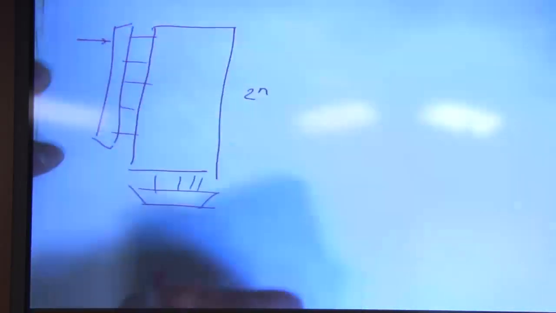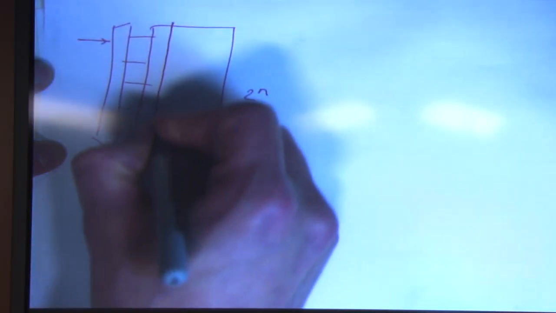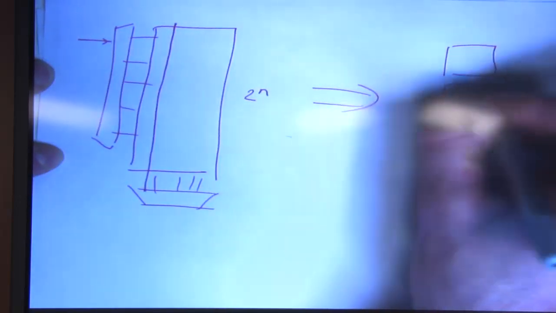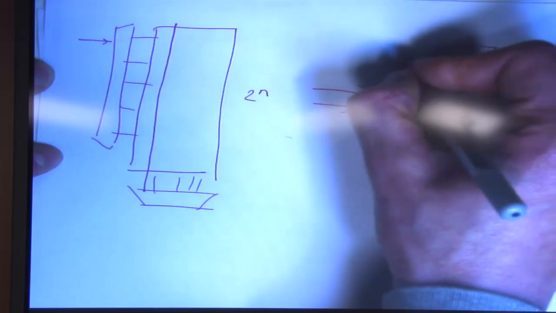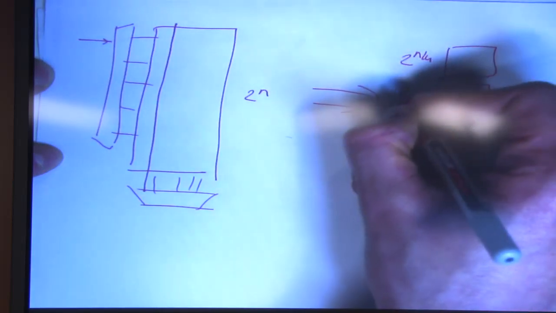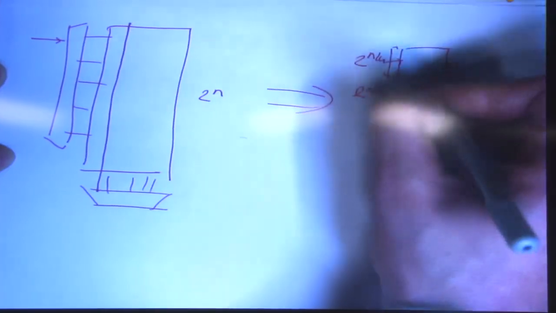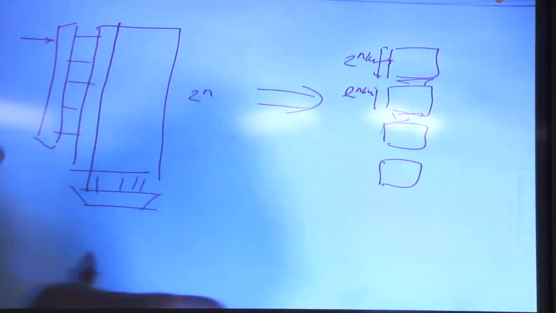If you have a single monolithic array, it takes much longer to access this array because you need to drive these long bit lines. Whereas if you chop it up into smaller pieces, let's say 4 of these, you have 2 to the n divided by 4 in each of these. And you can have separate row decoders and column decoders. That's the concept of banking.